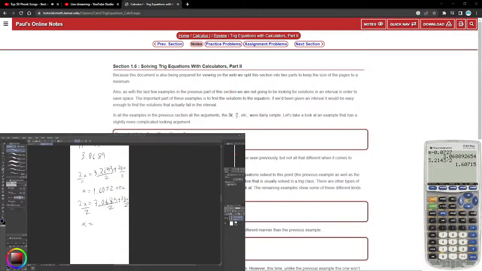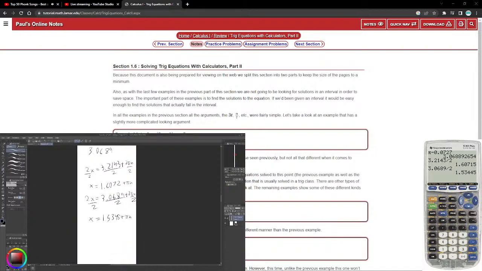X equals 3.0689 divided by 2. We got 1.5345 plus pi n. There's no interval, so I think this is about it.